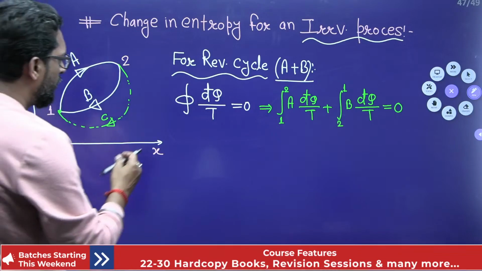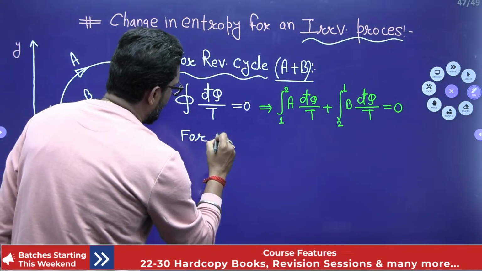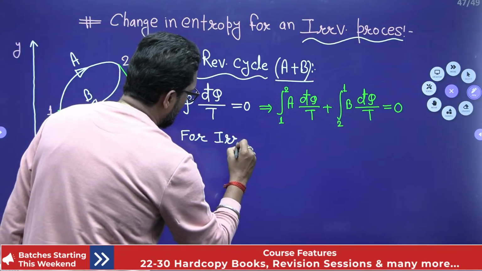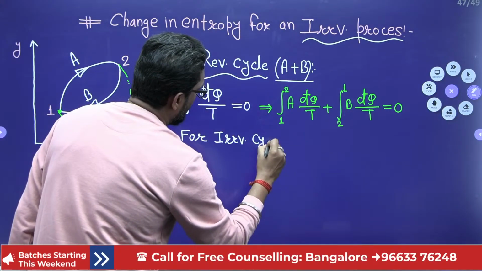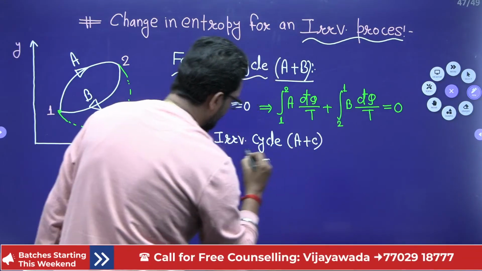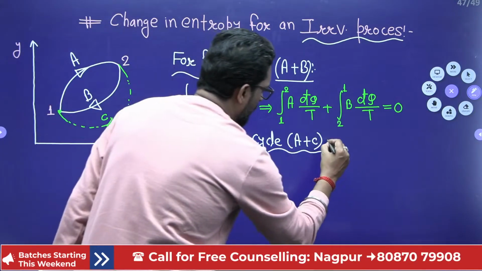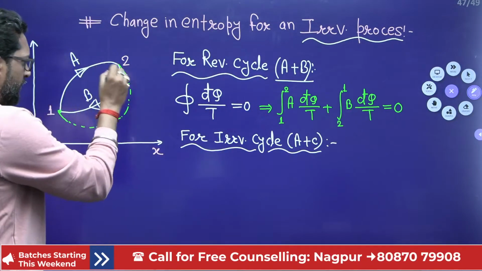Okay. Now for the irreversible cycle, that means A plus C. So this is an irreversible cycle.